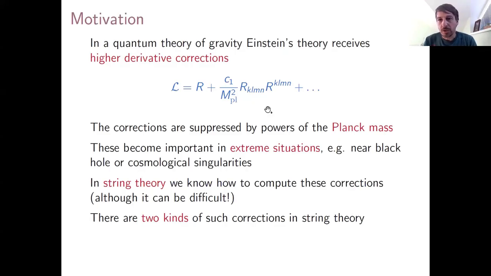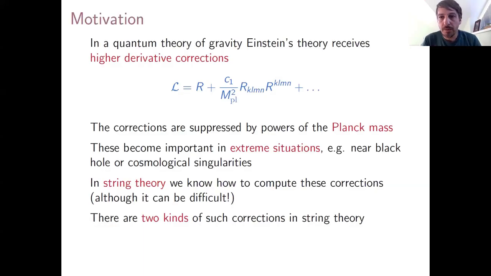So you could have something like the Riemann tensor squared suppressed by the Planck mass squared. And these corrections, typically they're very small because they're suppressed by high powers of the Planck mass, but in extreme situations near cosmological or black hole singularities, they start to become important. So there's some cases where we're very interested in what these corrections do.